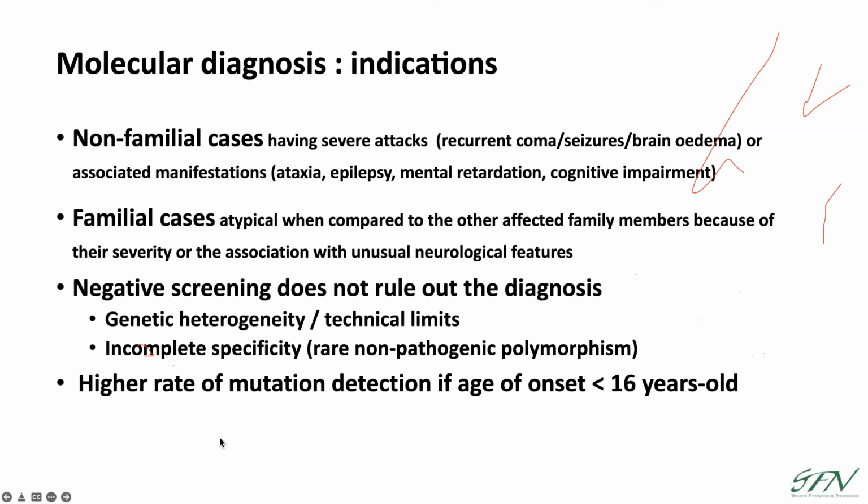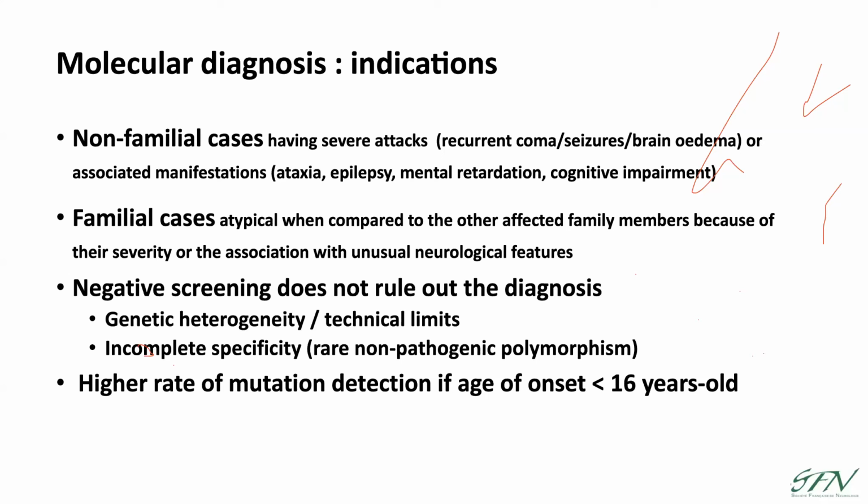So to help the diagnosis, there is a molecular diagnosis that can now be made very easily. In France, there is one lab, and the blood is drawn from the patient after informed consent. For the children, we also take the blood from the parents, and then it's analyzed.